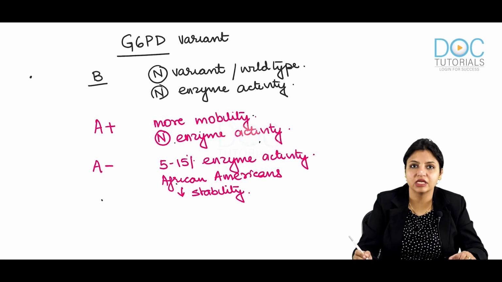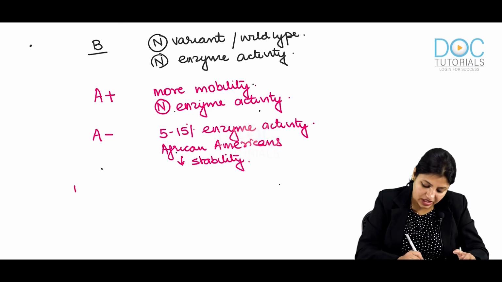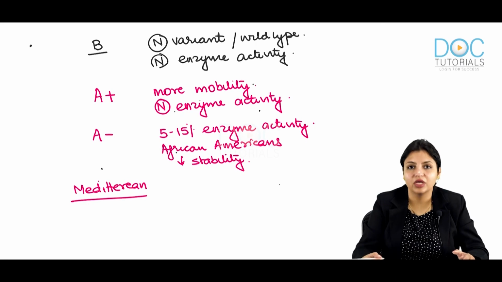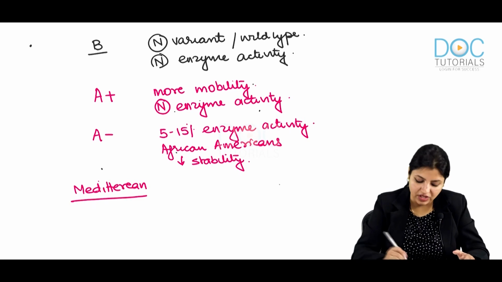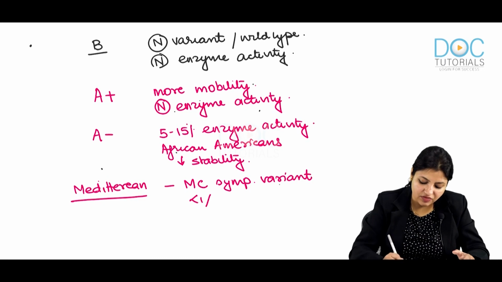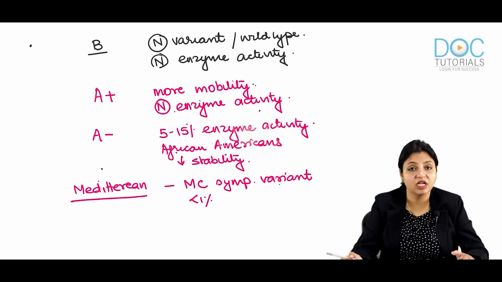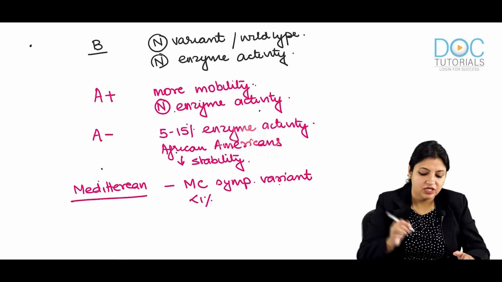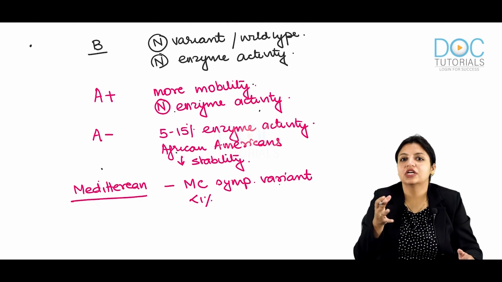Next variant is the most important one, the Mediterranean variant. This Mediterranean variant is the most common symptomatic variant. This is because its enzyme activity is less than 1%. The enzyme activity is very, very low. So how do you remember? Do you remember in school we used to get report cards?